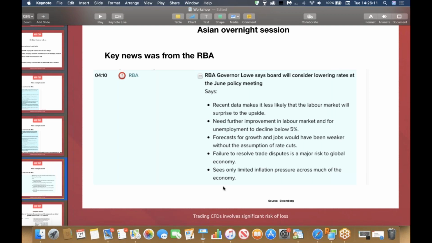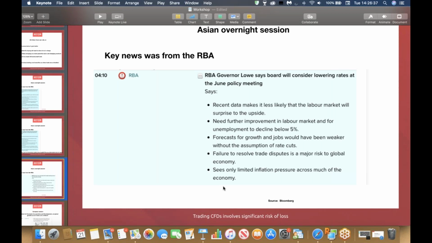So a rate cut is on the board. And as the market was digesting this information, the overnight index swap rate had a 70% chance now of an Australian rate cut in June.